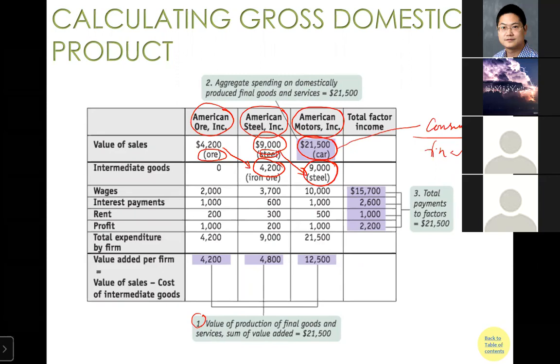American Oil, the sale of their goods is 4,200. Do they use anything as intermediate goods? Zero. So the value added is 4,200 minus zero.